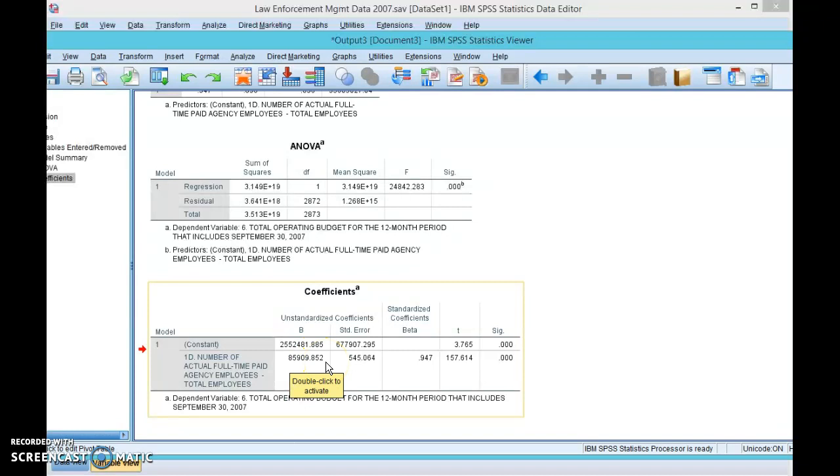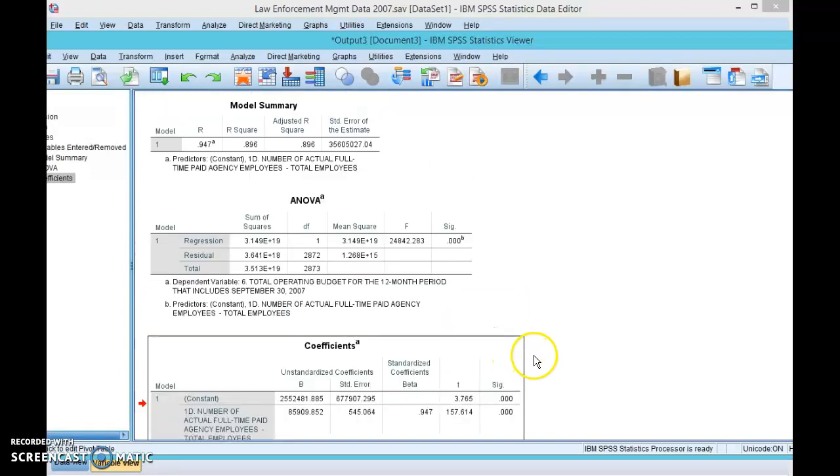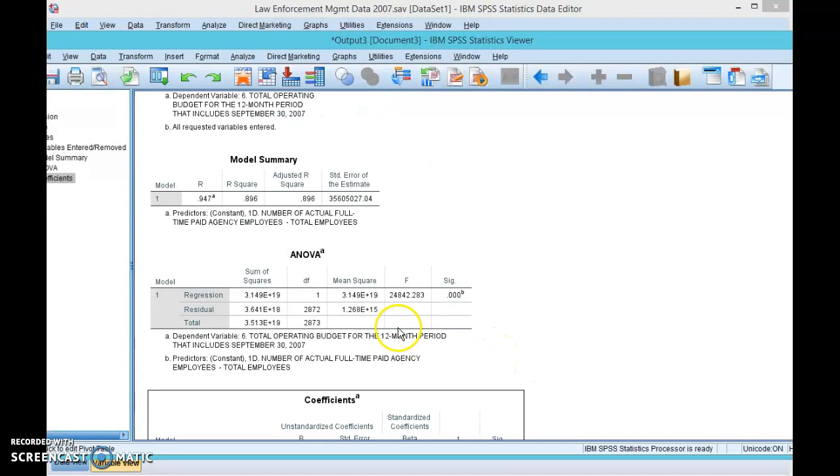On average, with every additional employee, the budget increases by about $85,909. That makes sense when you think about salary and benefits and workers' compensation and liability and payroll taxes and all the kind of stuff that comes with hiring a new person. So not only do we know this is a relationship, we also know how it works: every additional employee brings another $85,000. That's a great relationship to talk about in your results.